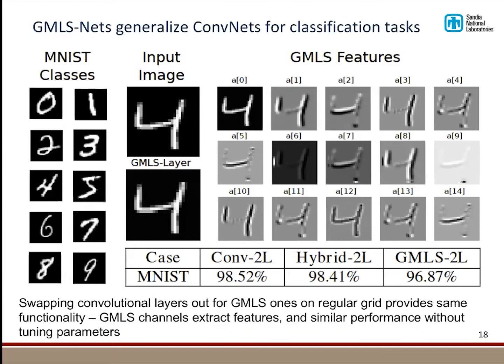So what we did is we took a standard architecture for convolutional neural networks, and we just swapped our GMLS thing in without improving the parameters or anything like that. And we got pretty comparable accuracy to what you could get with a convolutional network. And if you look at the output of each of the GMLS channels, you can see that it's identifying features in the same way that a convolutional layer normally would.